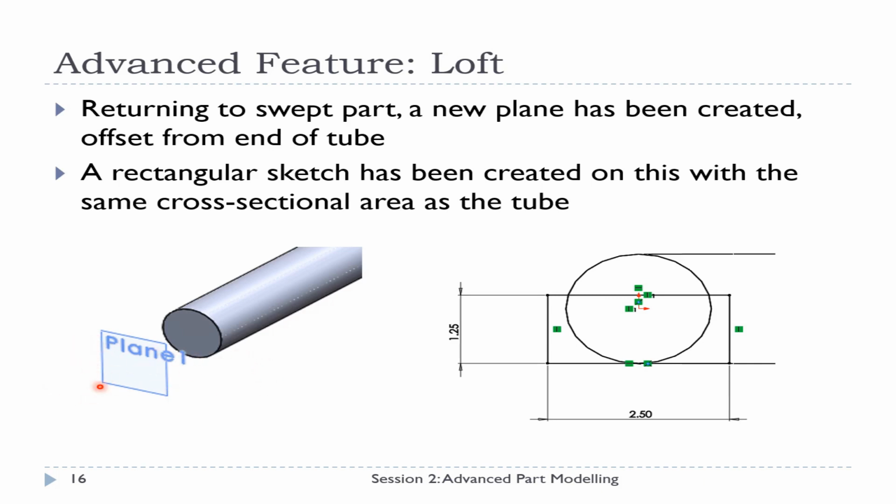So if we look normal to the plane 1 or this end face, effectively that's what we would be seeing. So it's going to be a rectangle and a circle. So what we are going to be doing is blending these two profiles.